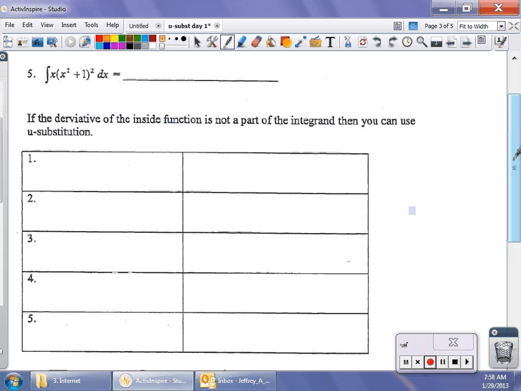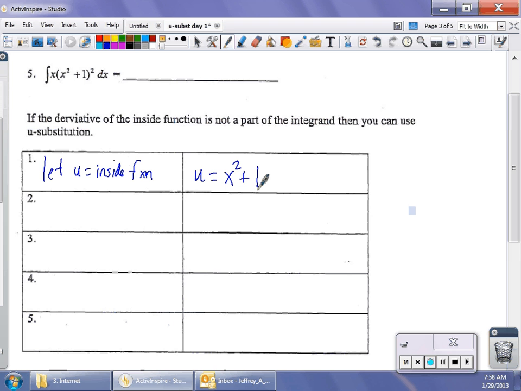Now in this case, the first thing we're going to do is let U equal the inside function. So we're going to take out a complex variable expression and substitute a simple variable expression. So in this case, the inside function is x squared plus 1. So U is going to equal x squared plus 1.